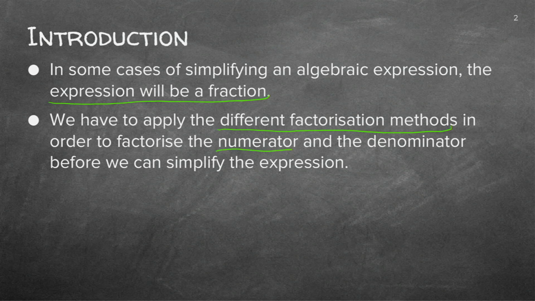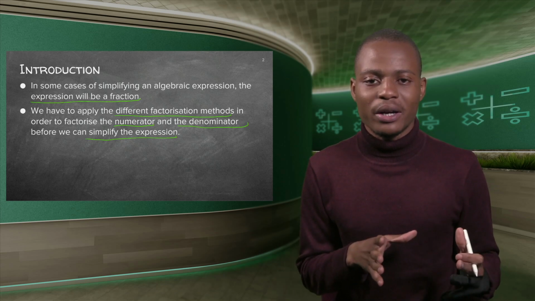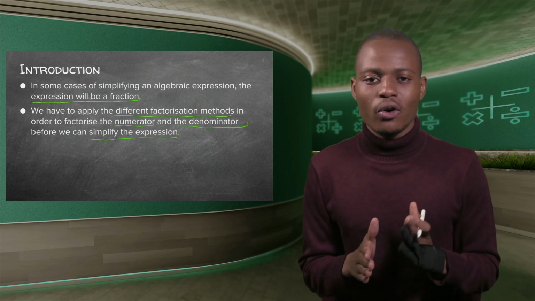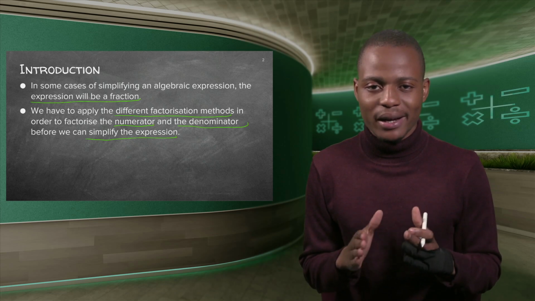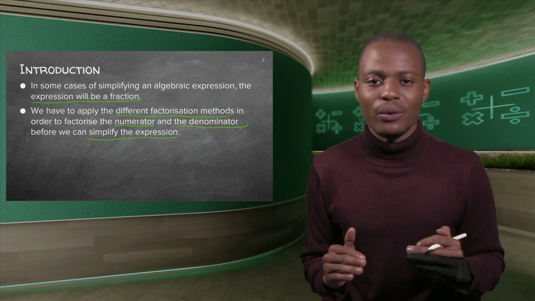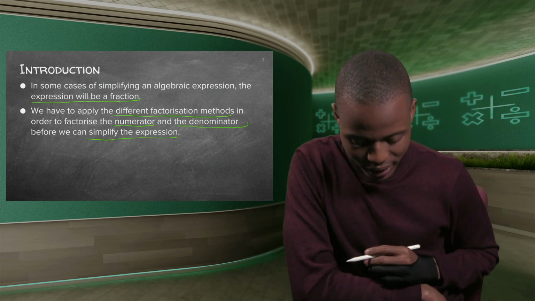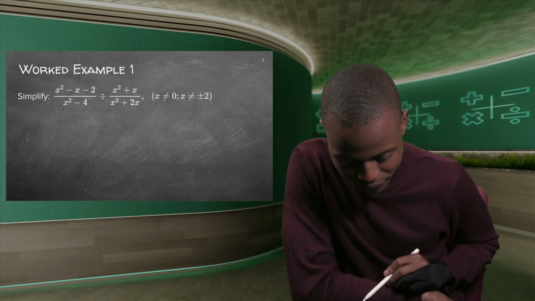We are looking at both the numerator and the denominator before we can simplify the expression completely. Before we can finish our simplification, we need to look at all the laws that we need to apply here, and we need to be very careful. All right, now let's see what we actually have.